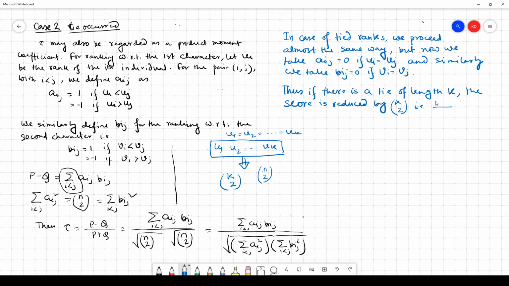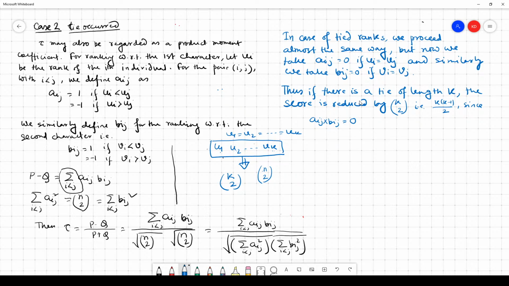That is k into k minus 1 by 2. Since aij into bij equal to 0. Why? Because suppose in judge 1 there is a tie of length k, that means you have kC2 such pairs for which aij should be 0.